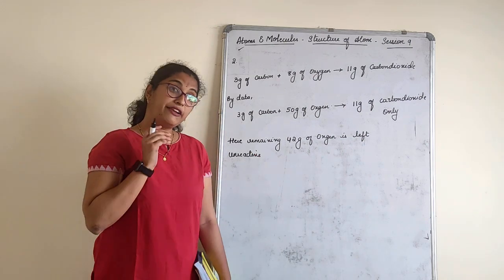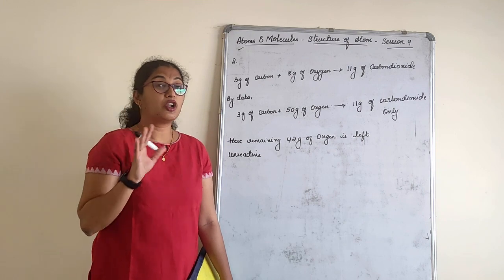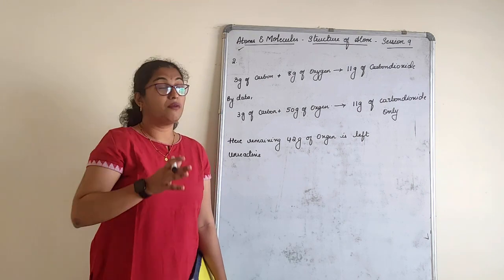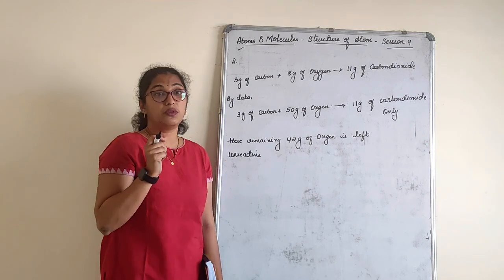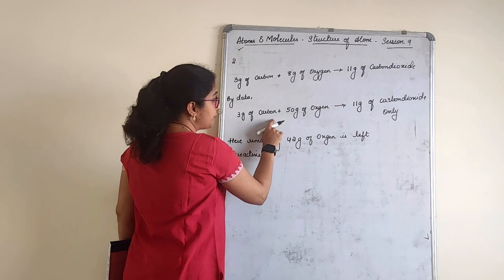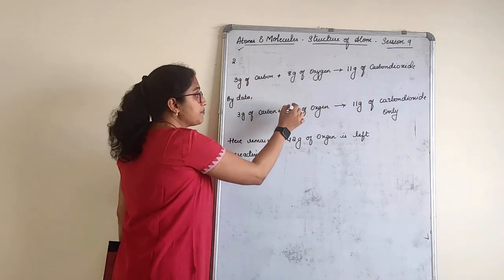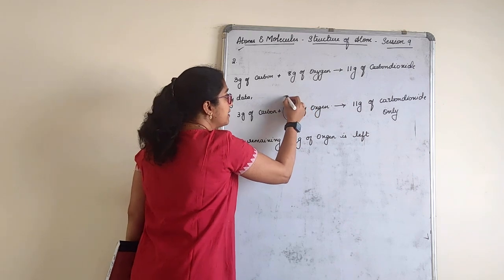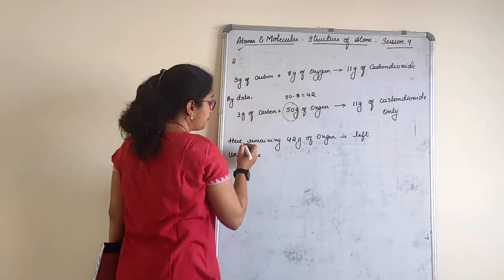Because children, you can form 11 grams only there. Extra what you add will not become carbon dioxide. If you want to form carbon dioxide, it has to be added in the appropriate proportion to get 11 grams. 3 grams of carbon plus 8 grams of oxygen will give you 11 grams of carbon dioxide only. So here it will be 50 minus 8, which is nothing but 42.